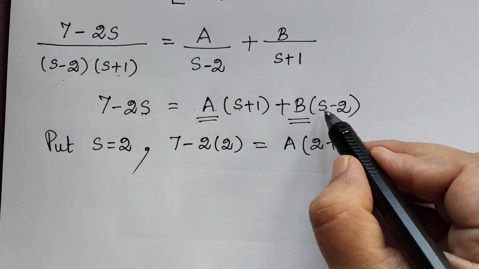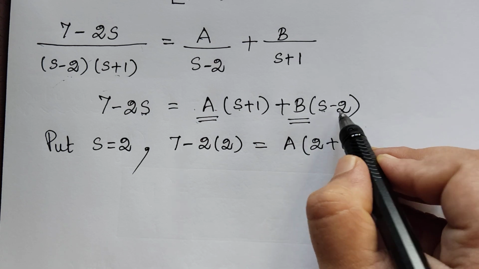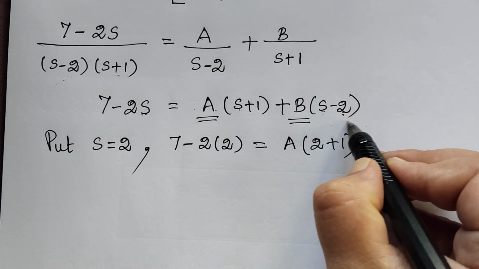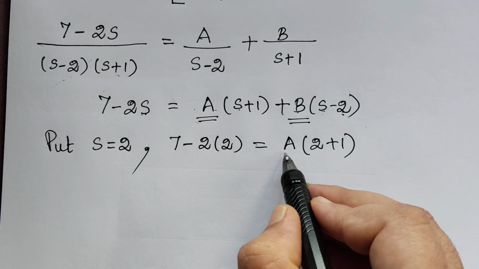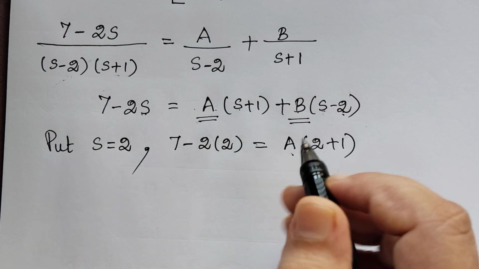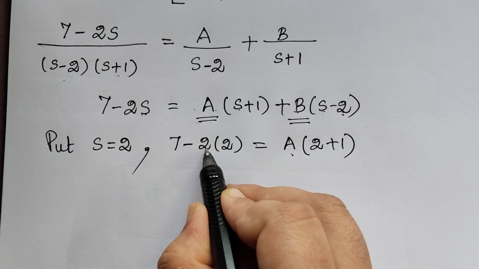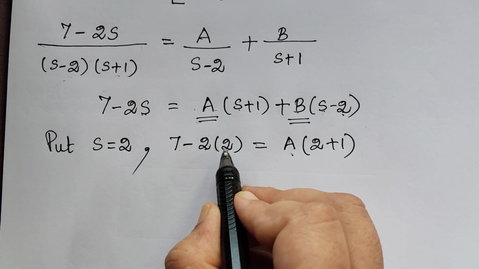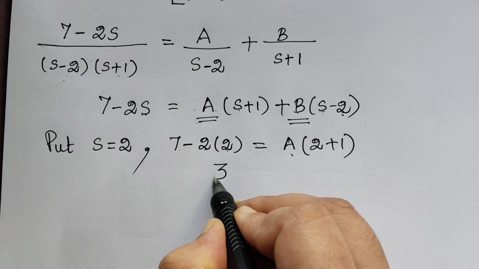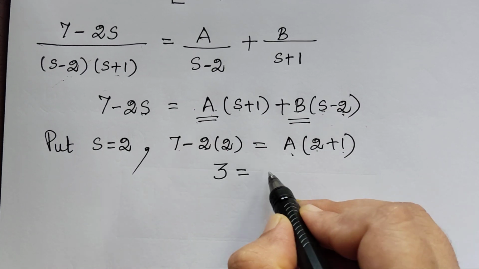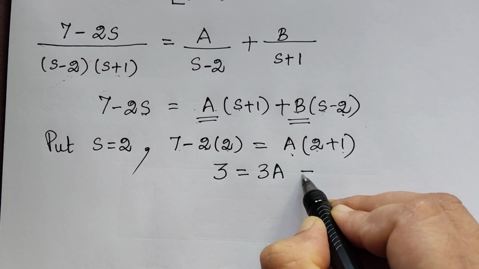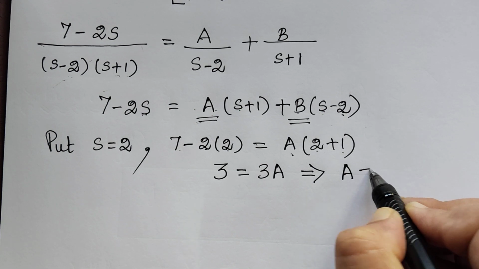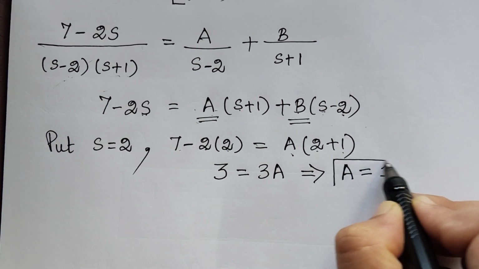And if you put s as 2 over here, 2 minus 2 will become 0, and so this complete term becomes 0. We can easily evaluate the value of a. So 2 times 2 is 4 and 7 minus 4 is 3. So 3 is equal to 2 plus 1, which is 3, so 3a, from which we obtain the value of a to be equal to 1.